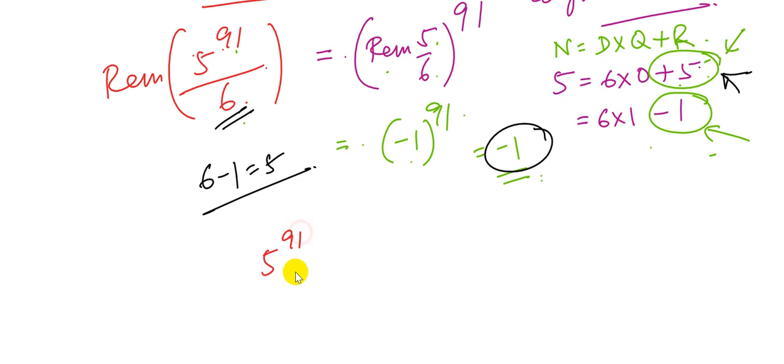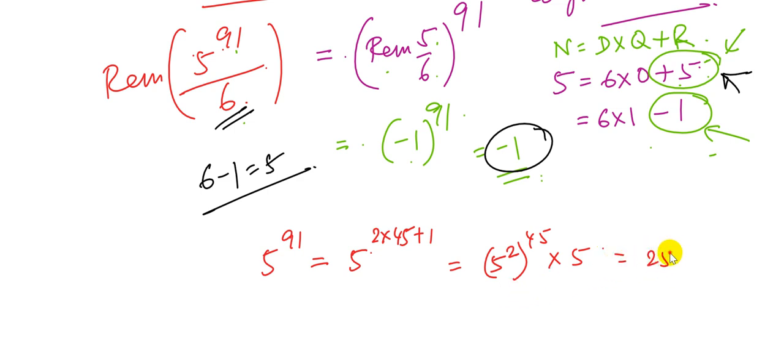5 to the power 91 can be written as 5 to the power 2 into 45 plus 1, which is 5 to the power 2 whole to the power 45 into 5. So, this is 25 to the power 45 into 5, and this has to be divided by 6.